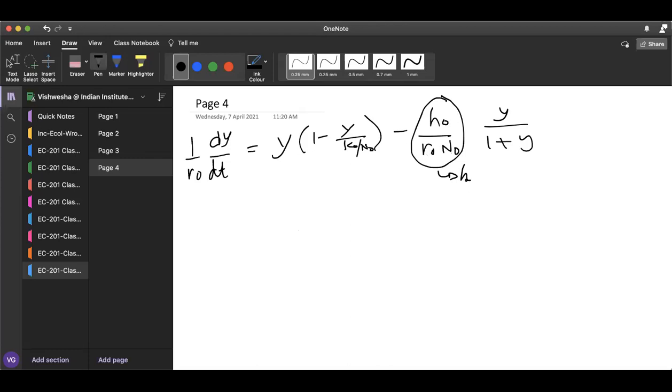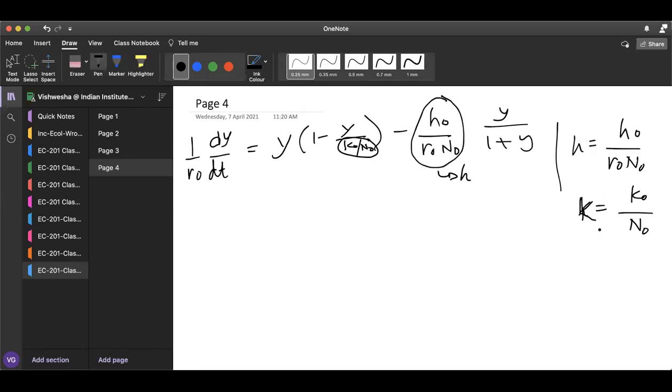So H is equal to H0 by R0 N0. Let's now make another one. We're measuring the carrying capacity in units of N0 now, because we have changed our entire measurement of population densities to be in terms of N0.